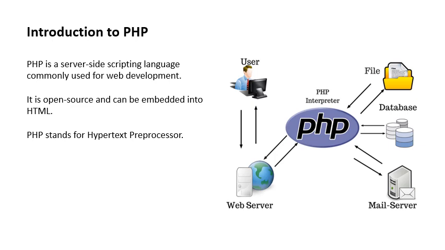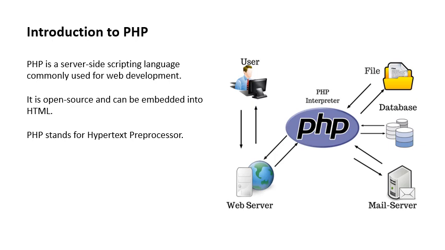To understand PHP, here is an example. First, the user goes to the web server, and from the web server, PHP is the intermediate between the web server and the file.